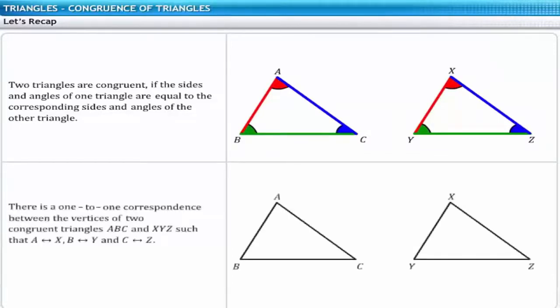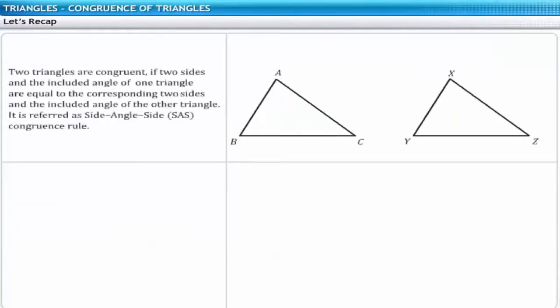There is a one-to-one correspondence between the vertices of two congruent triangles, ABC and XYZ, such that A corresponds to X, B to Y, and C to Z. Two triangles are congruent if two sides and the included angle of one triangle are equal to the corresponding two sides and the included angle of the other triangle. It is referred to as the side-angle-side or SAS congruence rule.